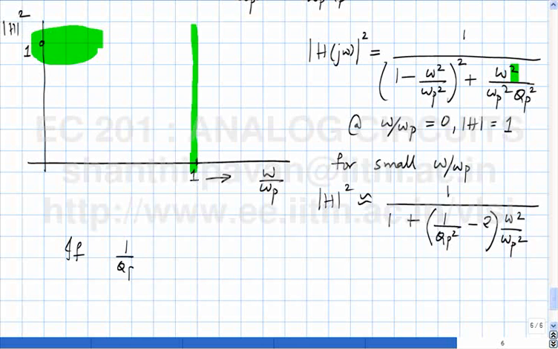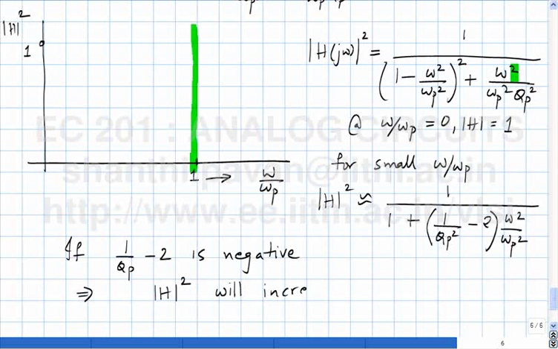1 by qp square minus 2 is negative. Then what can you say about mod h of j omega square? It will increase around 0.